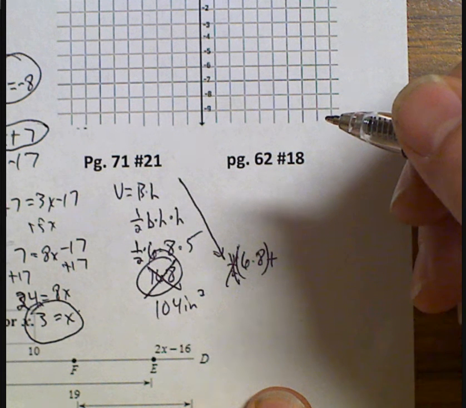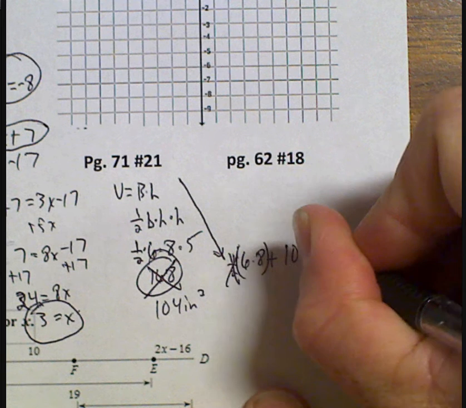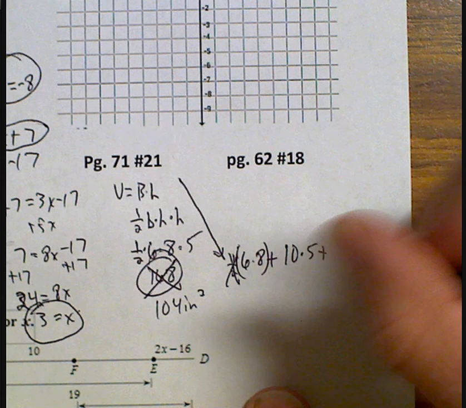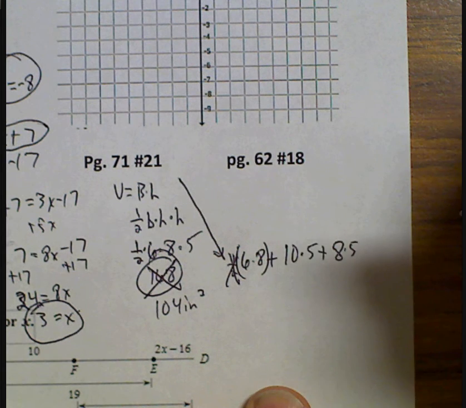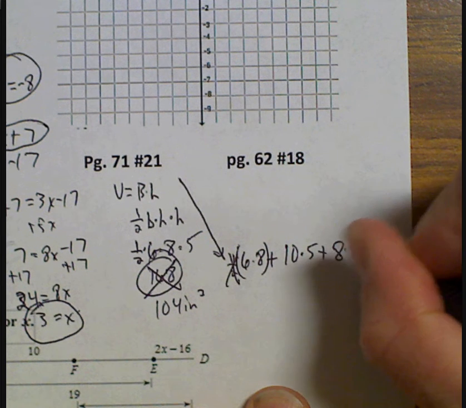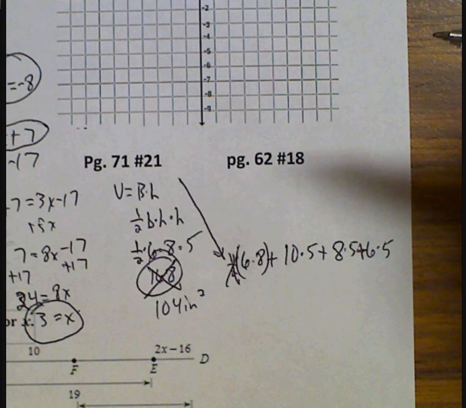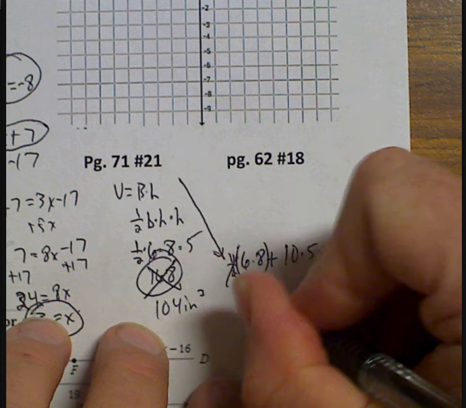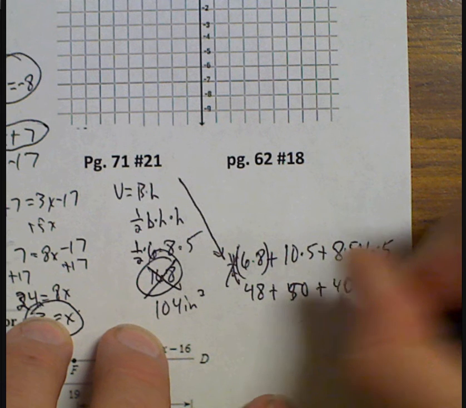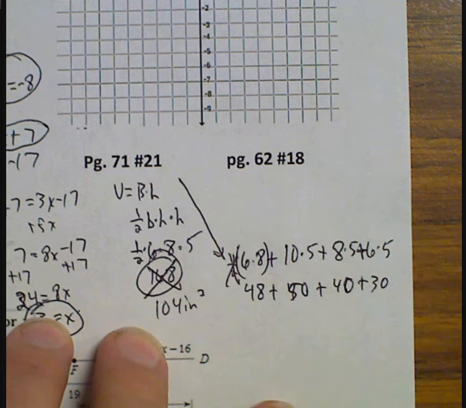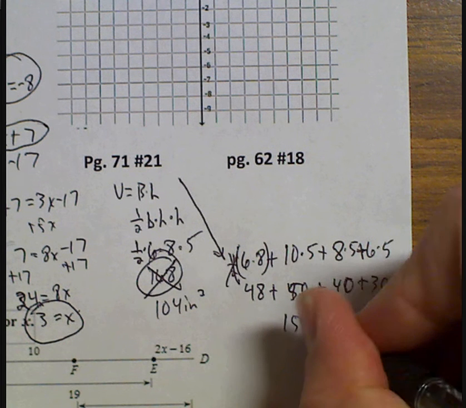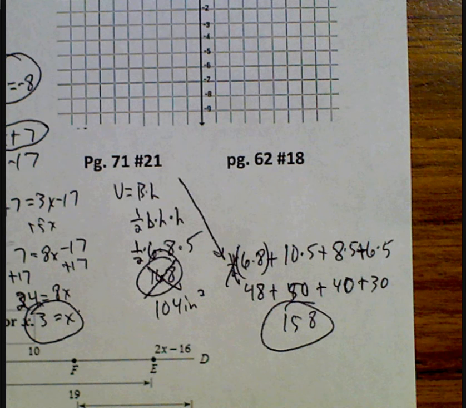I have one rectangle that is 10 times 5, another that is 8 times 5, and another that is 6 times 5. So I'm going to add up all of my sides. That would give me 48, 50, 40, and 30. So that's 90, 120, that's 158.